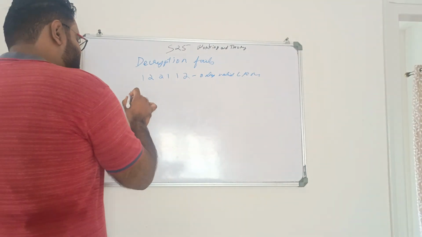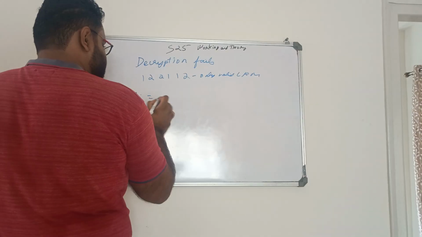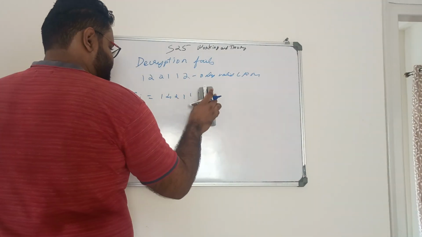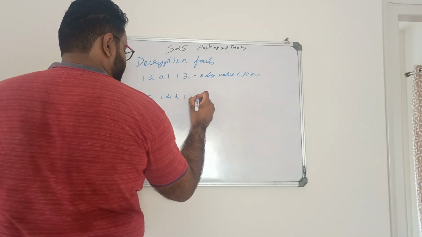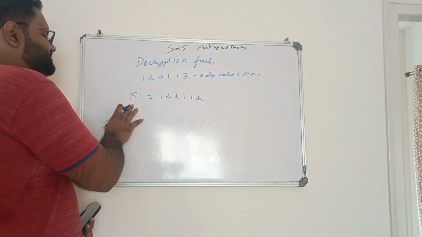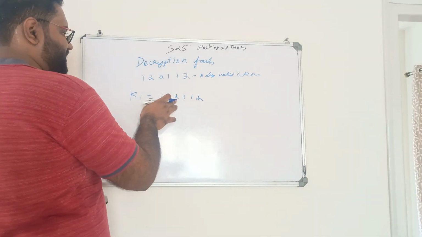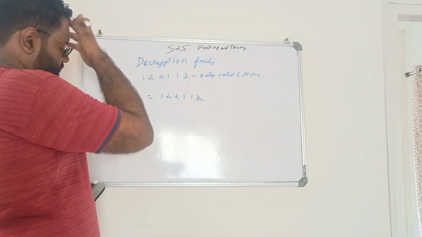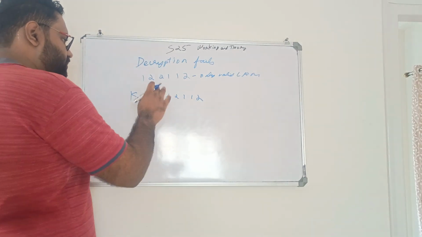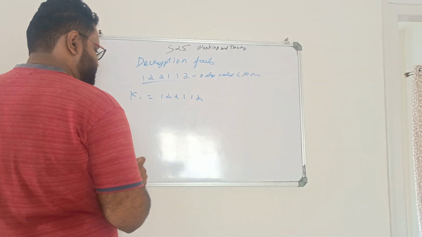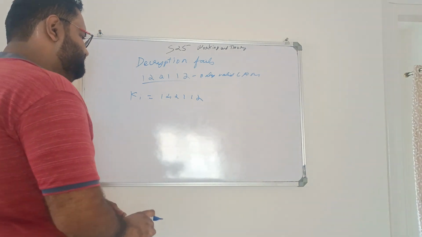So let's say that my initial Ki is going to be 142112, and this is the message that I have chosen. Now when I apply the nearest valid alarm, I'm going to get this one. So what A does is, A sends this message. But let us look at it from the B perspective.